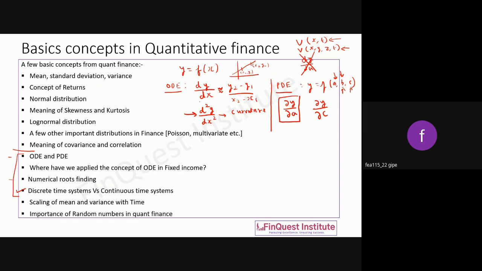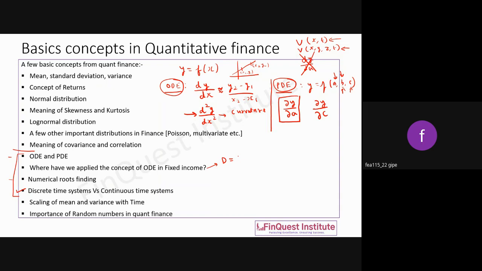Also, we have done a quick recap of these concepts. Can you think of something in fixed income whereby ODEs and PDEs get used? Where have we studied that from a fixed income perspective? In duration, I think. Correct. And any other concept? Yield curve.